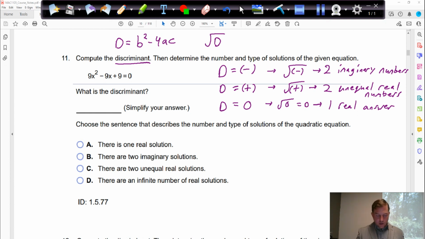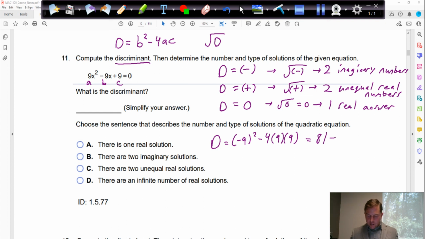Okay, so all we have to do is calculate the discriminant and see which one of these cases it is. So in this problem, A is 9, B is -9, and C is +9. So to calculate the discriminant, we take B squared, which would be -9 squared, minus 4 times A, which is 9, times C, which is 9, and we're going to get 81 minus 4 times 81, which is the same as -3 times 81, which is the same as -243.